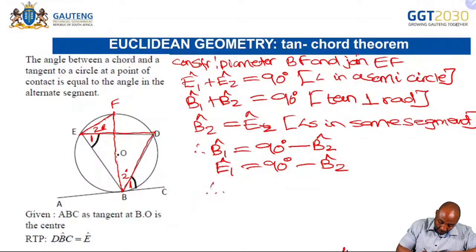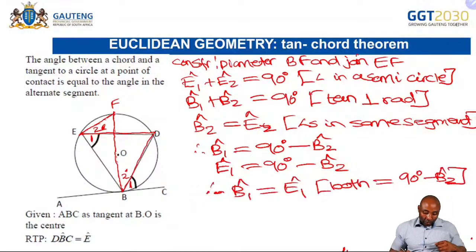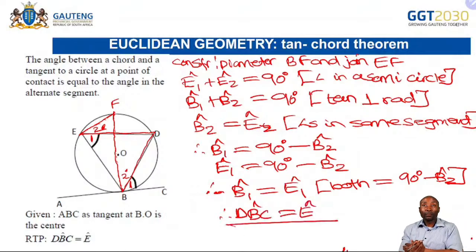So therefore, I can conclude that my angle B1 is equal to my angle E1 because they are both equal to 90 degrees minus B2. My B1 is my angle DBC and my E1 is my angle E. I have proven that they are the same.